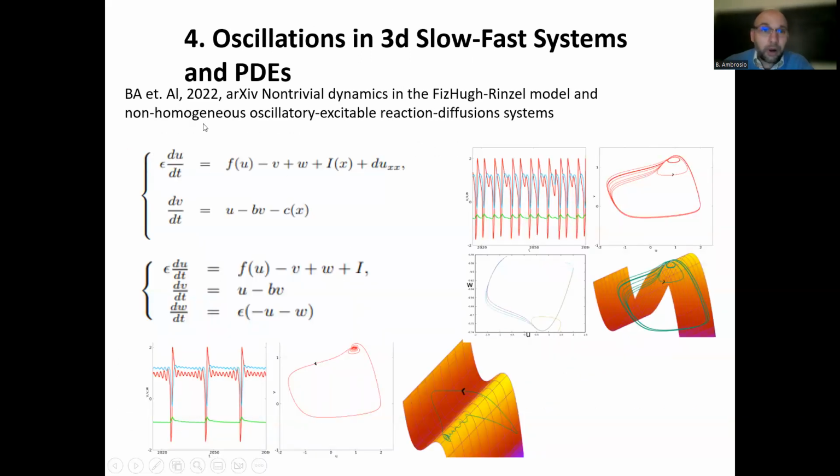Point 4, you can find this paper on arXiv, and it's interesting because it gives you some interesting oscillatory phenomena for both a PDE and a three-dimensional ODE with 3 time scales.